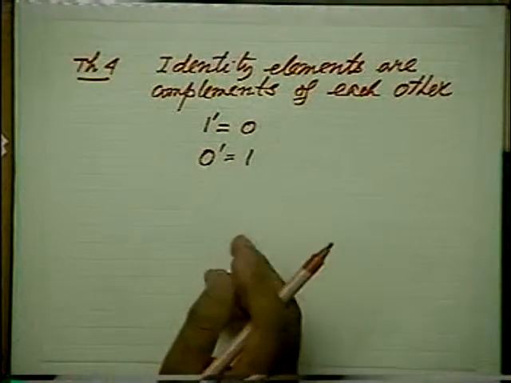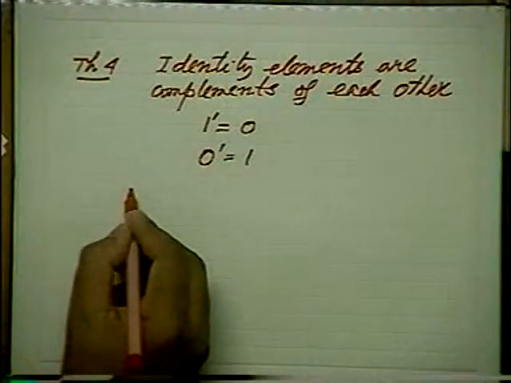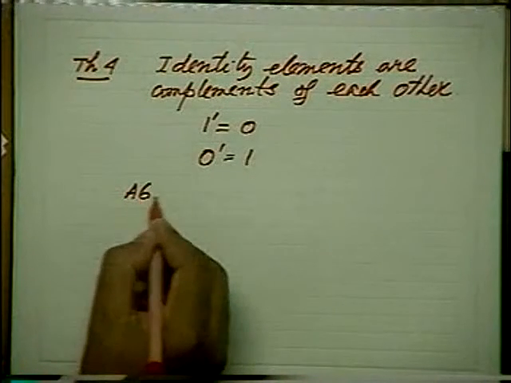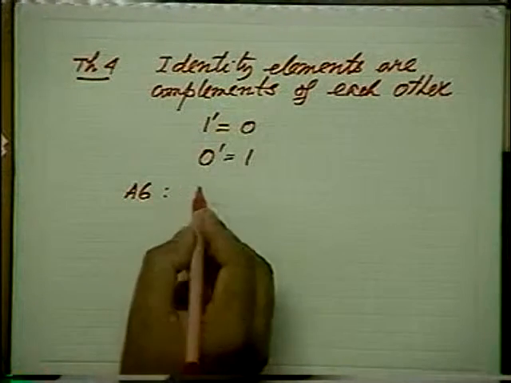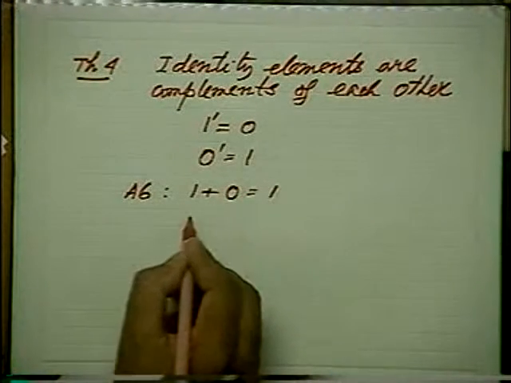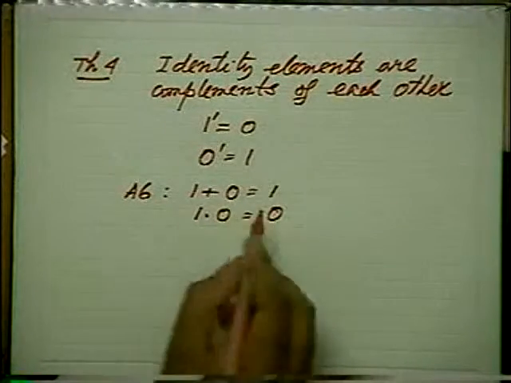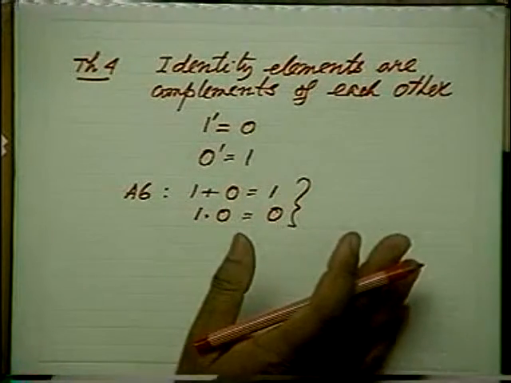It's not much of a problem to prove this, I think. For example, by A6 what do we have? By A6 we have that 1 plus 0 is equal to 1 and 1 dot 0 is equal to 0. Is it not? This by A6 we have.